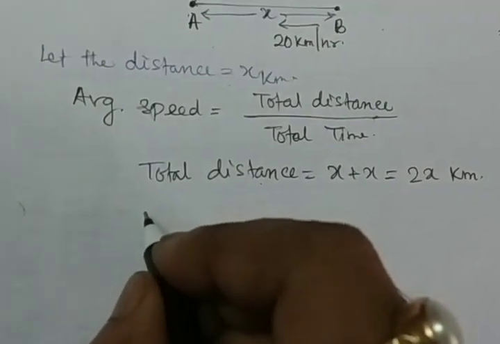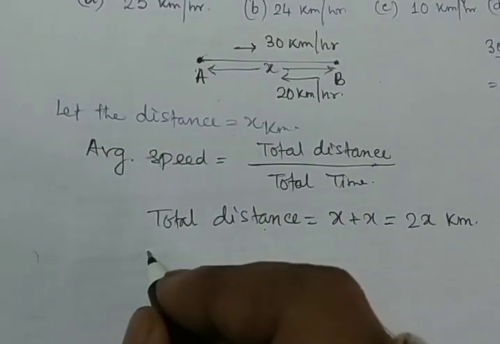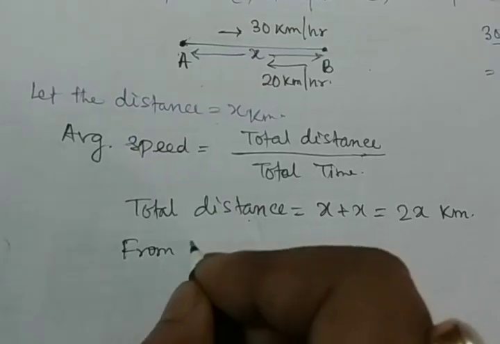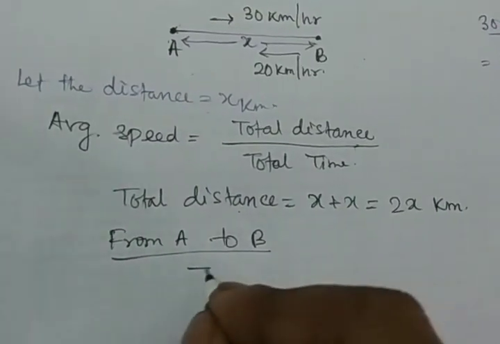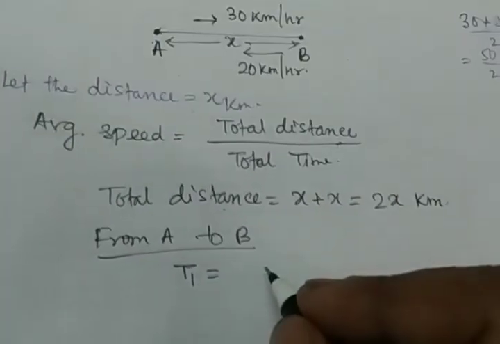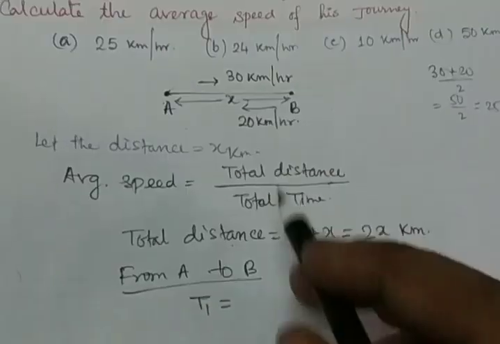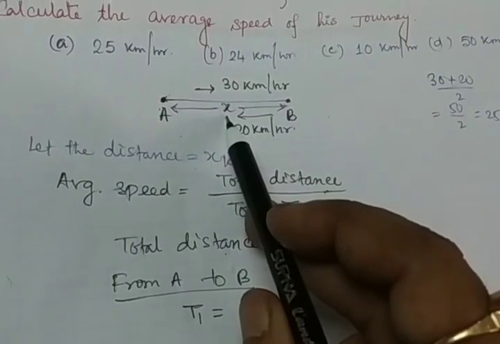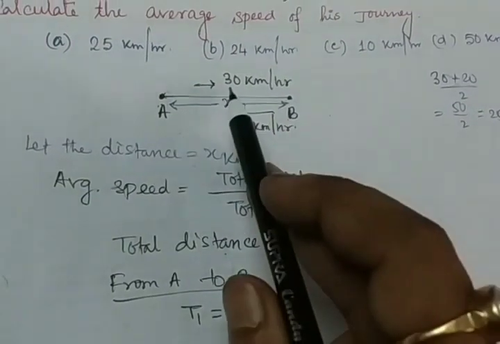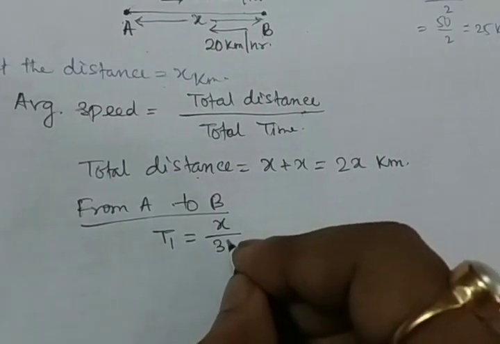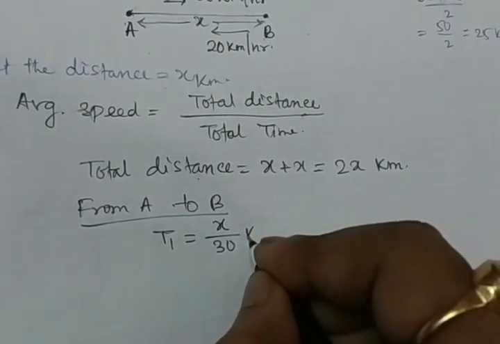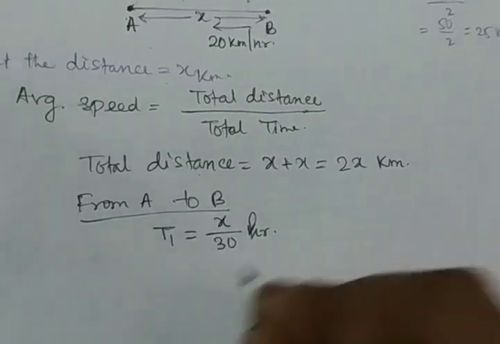Now total time taken. During his journey from point A to point B, what is the time taken? T1. As I told you, time is equal to distance by speed. Distance is x, and what is the speed from A to B? That is 30 km per hour. So that means distance by speed, and the unit of time is hour.